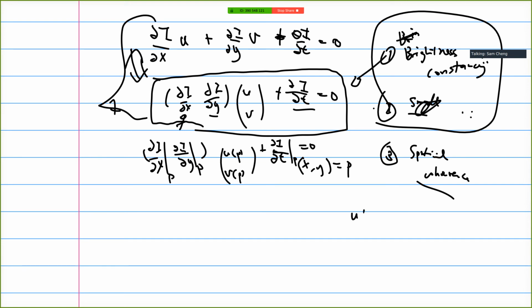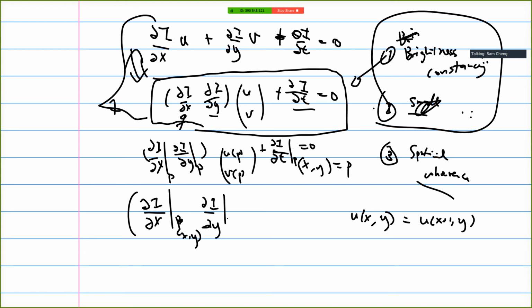So I have, let's say, u at x y will be equal to u at x plus 1 y, let's say, right? Then that will be the same. So then I will be having more than one equation now. For example, this is at p here, or at x y here.